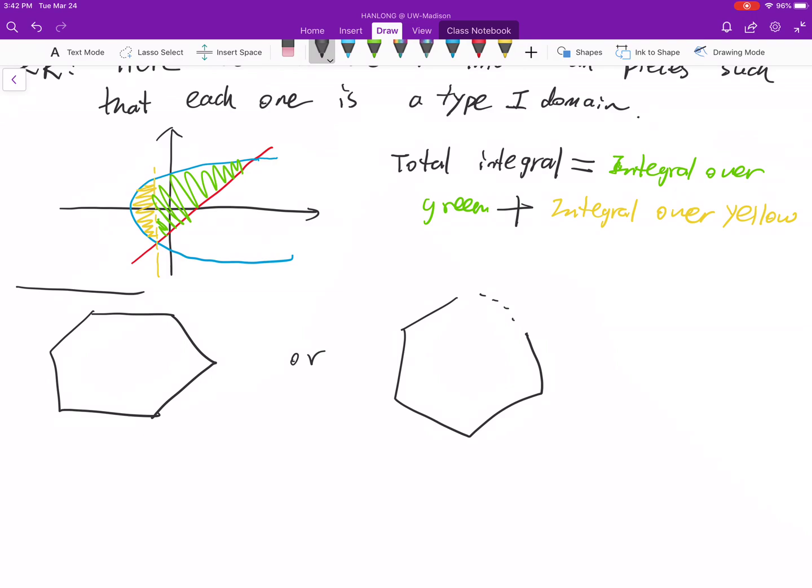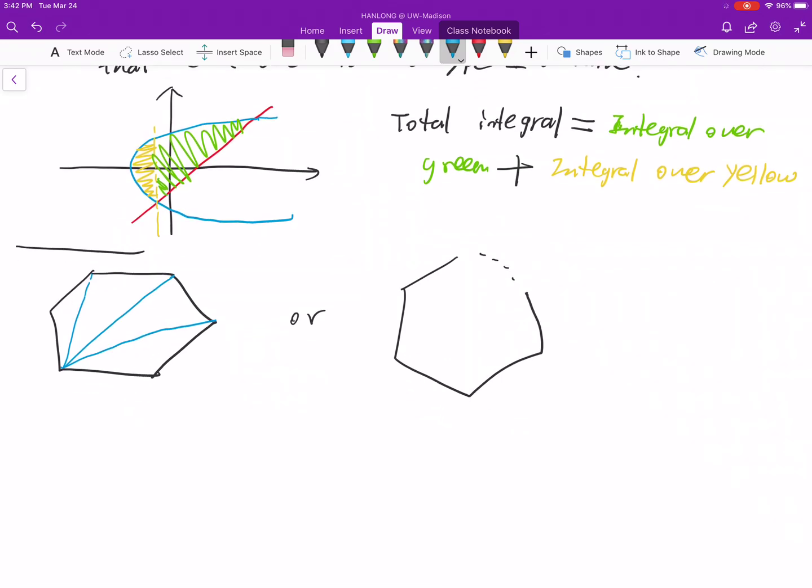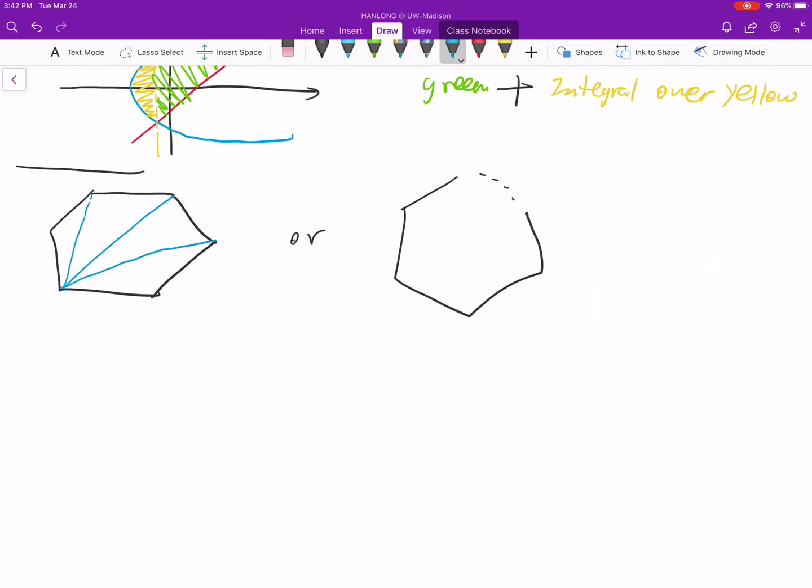But after division, you can always get small pieces which are either type 1 or type 2. For example, in this one, you can do triangulation. And each of them, of course, is a type 1 or type 2. Or if you are not satisfied with each one, you can do further cutting. I will not do that here.